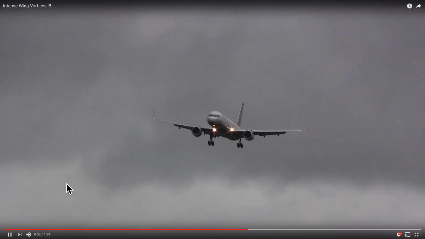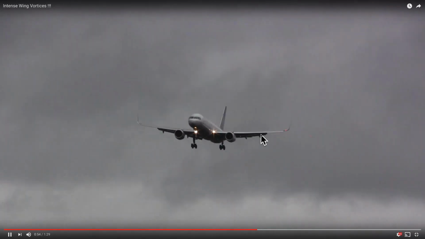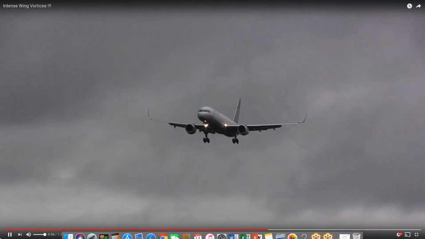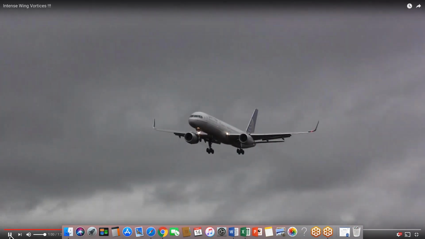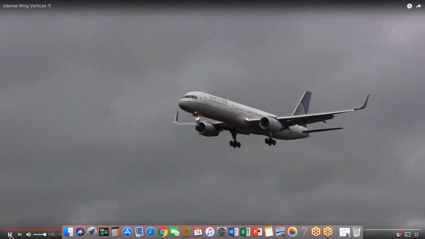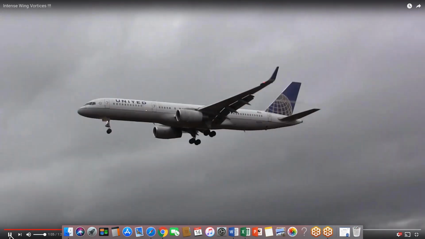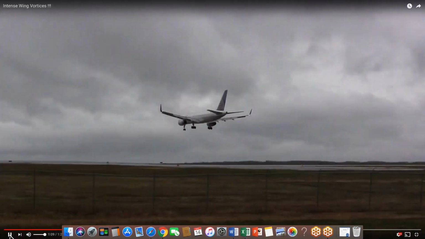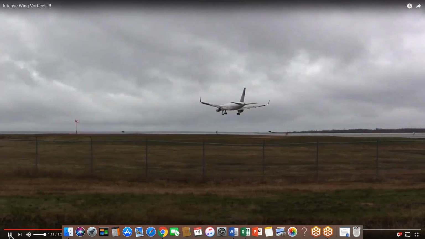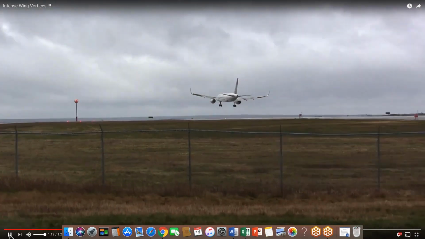And the reason you're seeing it on this aircraft so defined is because it's actually being caused by the flaps, and he's going really slow. When he passes, you should get a really good view of it. Not as good as I thought.